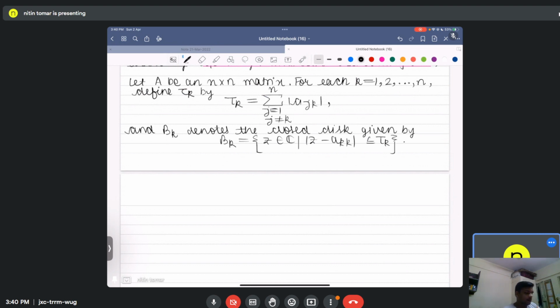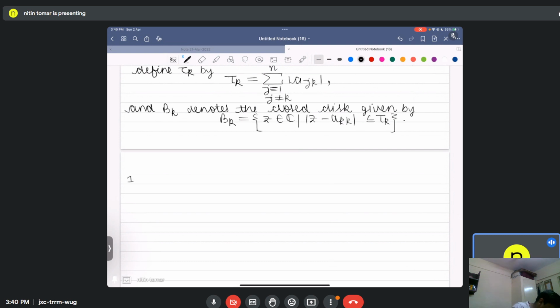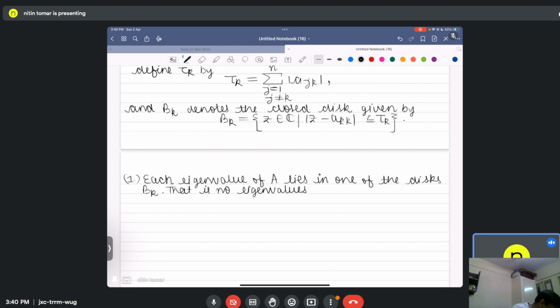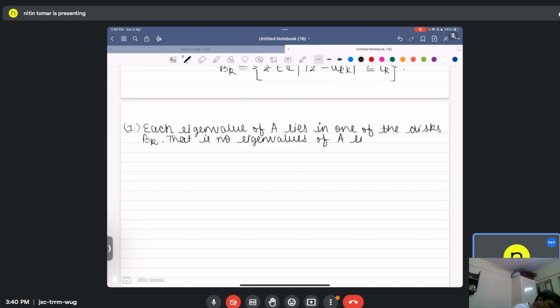Then the same conclusion as in number 1 holds: each eigenvalue of A lies in one of the disks Dk. So no eigenvalues of A lie outside this union.